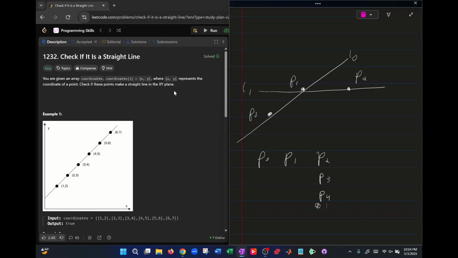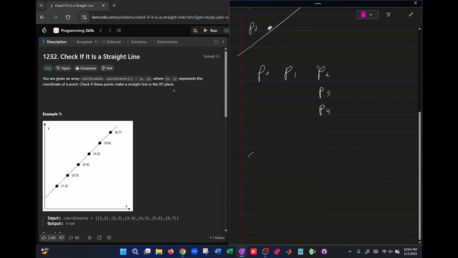So basically what we need to do is, given pi equals xi, yi, let's say i is 0, 1, and 2.